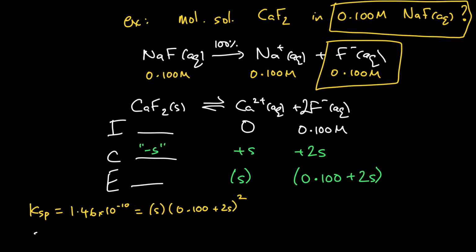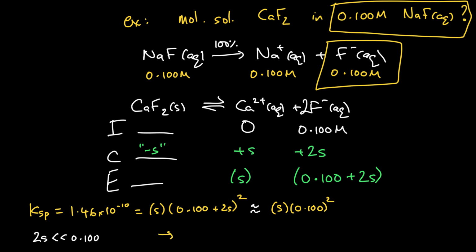So what we're going to do is make an assumption that 2s is going to be much smaller than 0.1, so that when we add a very small number to a very big number, we can basically just ignore the small thing and stick with the big thing. So what does that get us? Now we're going to say that Ksp is approximately equal to s times 0.1 squared.